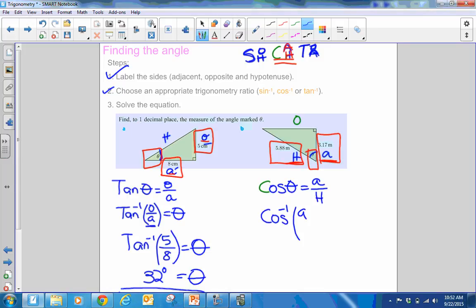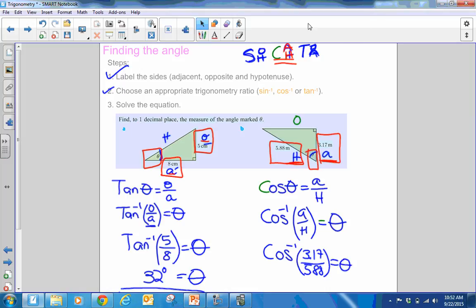So you write the same with the inverse equals the angle. So cos to the power of -1, which is the inverse, of adjacent 3.17 divided by 5.88 equals the angle.